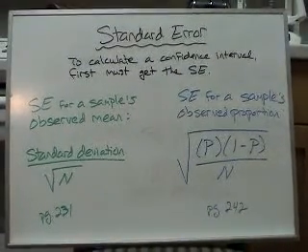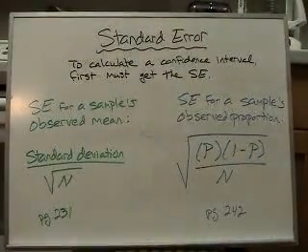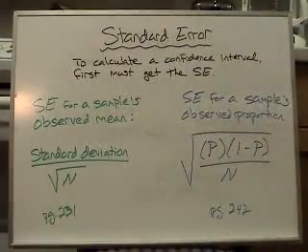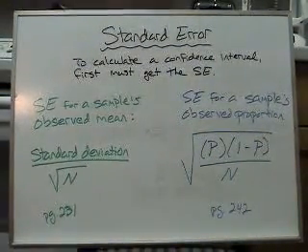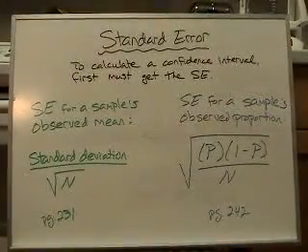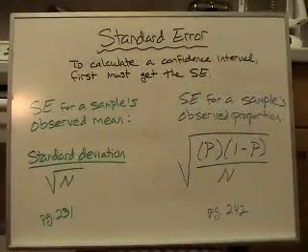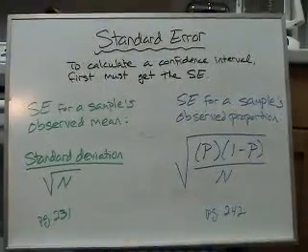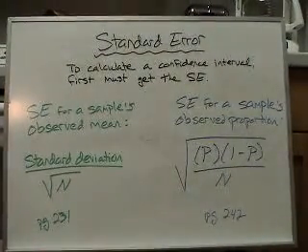Okay, that's described on page 242 in your textbook. And what we're going to do shortly is look at two concrete examples for calculating a confidence interval for both an observed proportion and an observed mean. Okay? But there's one more step. We have to take that standard error and put it into the formula for the confidence interval.